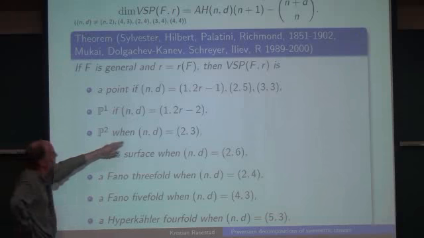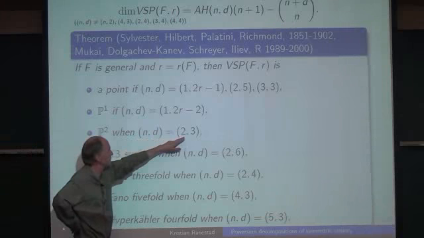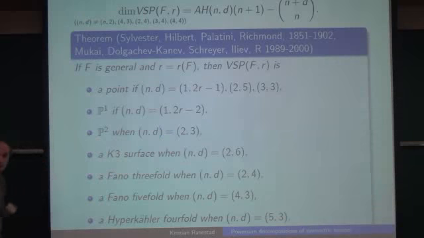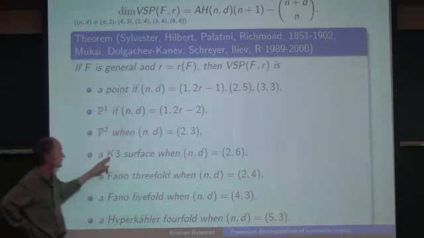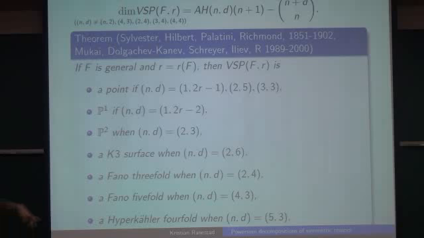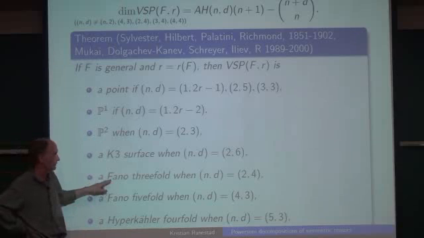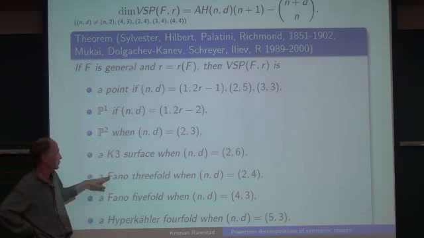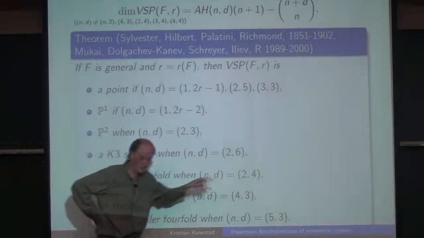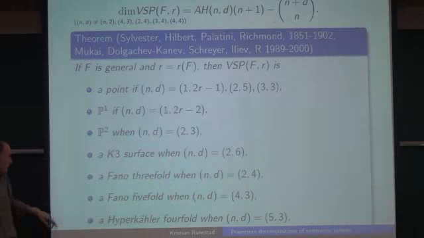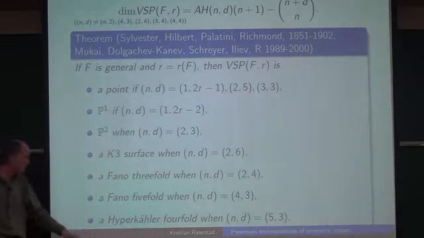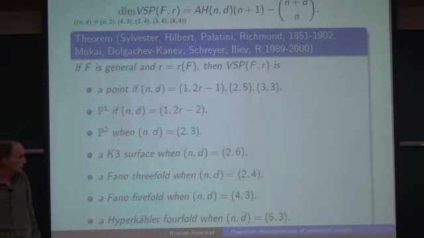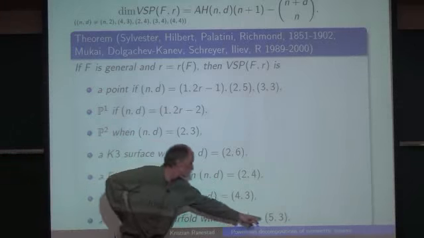And if you have a cubic form in 3 variables, you get a P2 of different presentations. If you have a sextic form in 3 variables, then you get the K3 surface. Then you get a Fano threefold. We saw that for a quartic in 3 variables. You get a Fano fivefold for a cubic in 4 variables. And finally, a hyperkähler fourfold for a cubic in 6 variables.